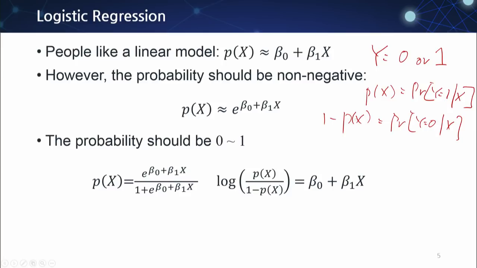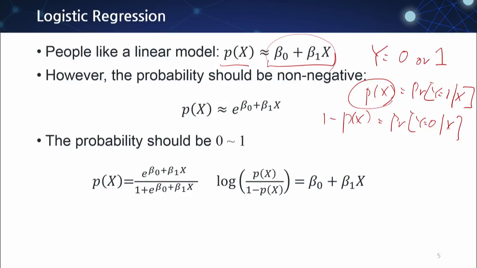So here, we are going to model this p of x. Because people like the linear model, we can model this p of x with a simple linear model like beta 0 plus beta 1 x. However, this linear model has a problem because, by changing the value of x, it can be negative. But it doesn't make sense because it's a probability.